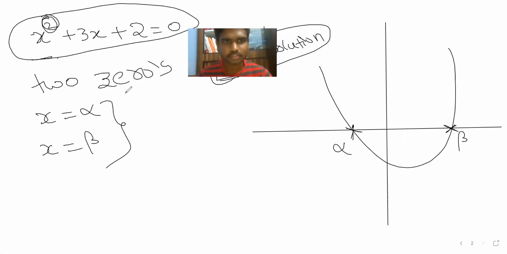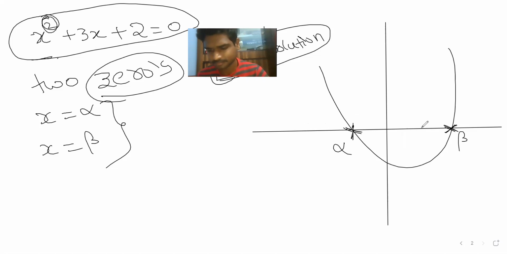So, understood what the zeros are? Zeros are nothing but the values of x where y is 0. In graphical terms, that is where the curve is intersecting the x-axis. Those are the roots of the equation or the zeros of the equation.